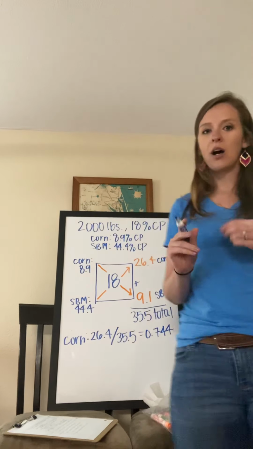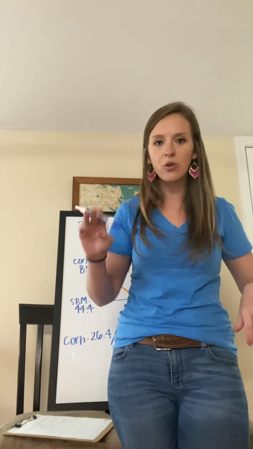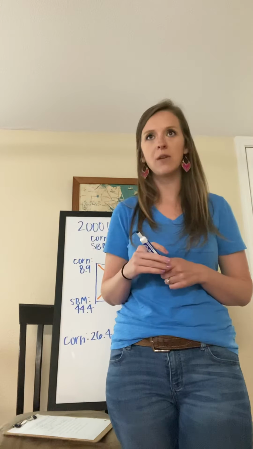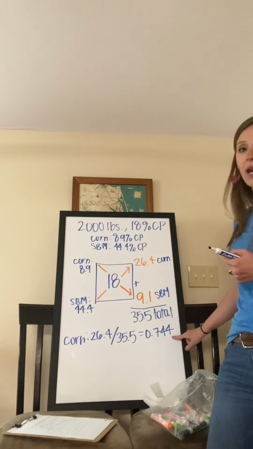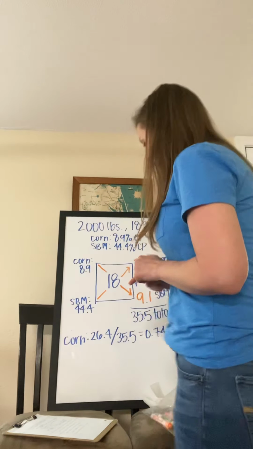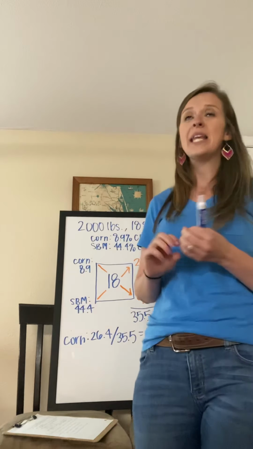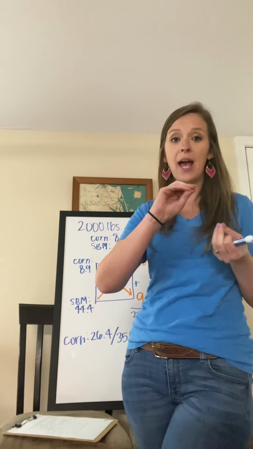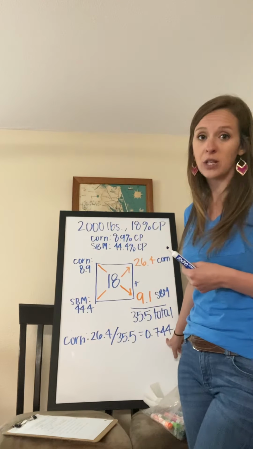Usually when we do these decimals, we only go to the third decimal place. You don't have to write 25 digits if that's what you get. Just go to 3 after the decimal. So 0.744. Now, what we want at this step is a percentage. This is not a percentage, that's just a decimal.